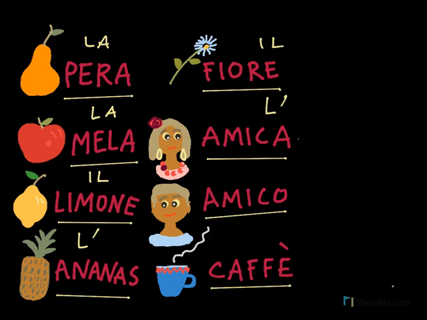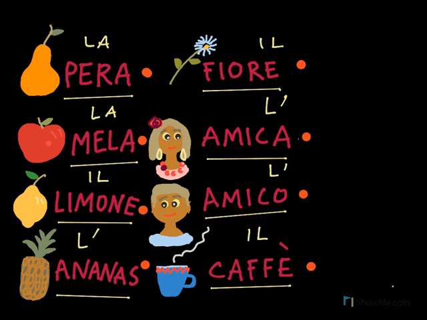And it will be l'amico, the same thing, in order to avoid the clash of vowels. And then you have caffè, and it will be il caffè. So you have the definite articles: the pear, the apple, the lemon, the pineapple, the flower, the female friend, the male friend, and the coffee.